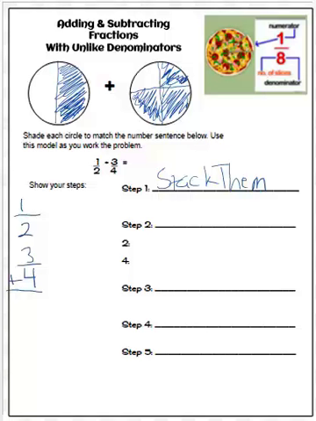Step 2 is to find a common denominator. And how we do that is we find what's called the least common denominator, and we'll abbreviate it LCD, least common denominator. And we want to just do the multiples of 2. So 2 times 1 is 2, 2 times 2 is 4, 2 times 3 is 6, 2 times 4 is 8, and so on.